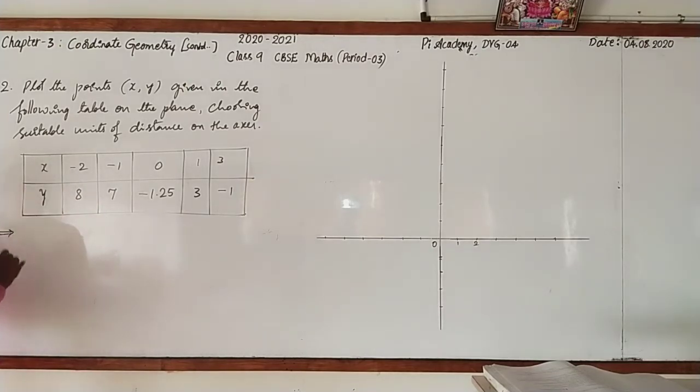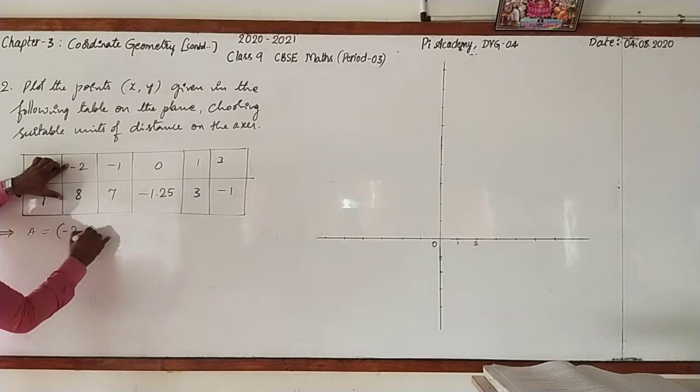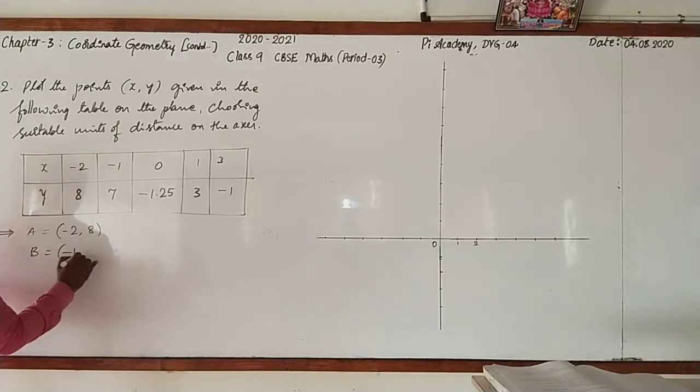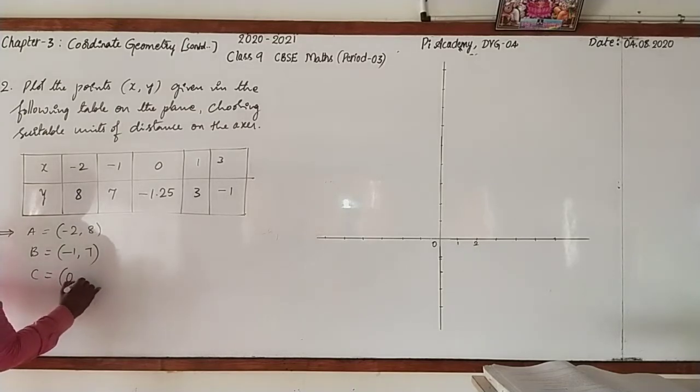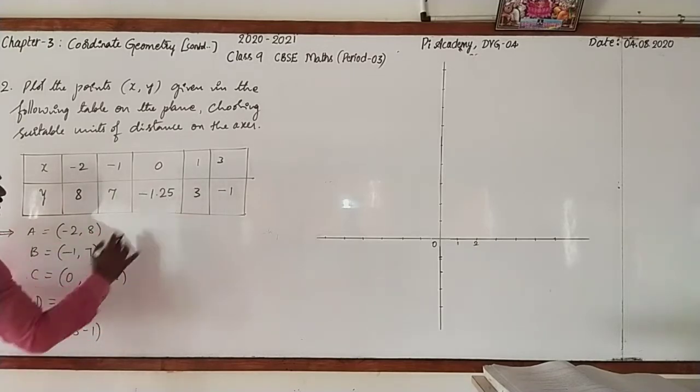First let us assume these points (x, y). First one I will take as A, (-2, 8). Next one B, (-1, 7). Third one C, (0, -1.25). D is (1, 3), and E is (3, -1).